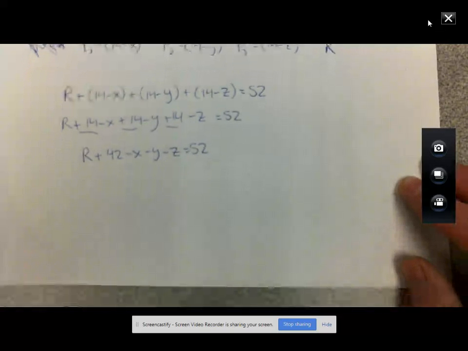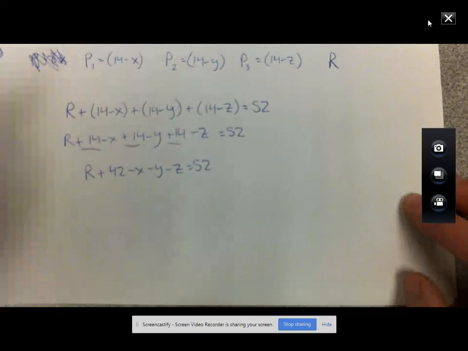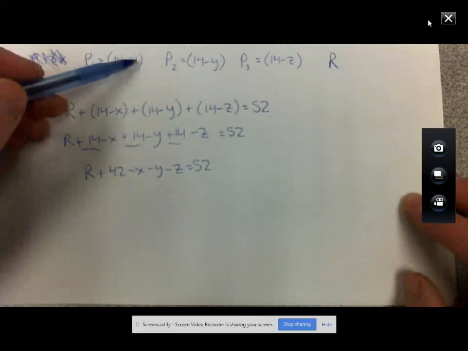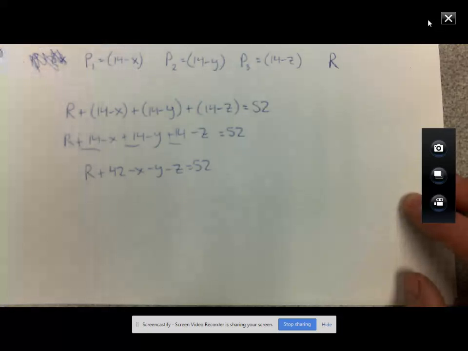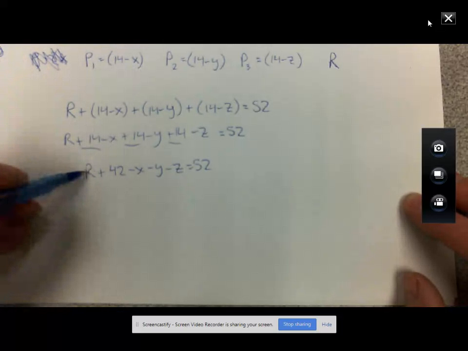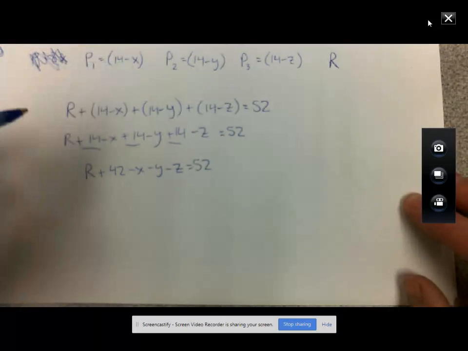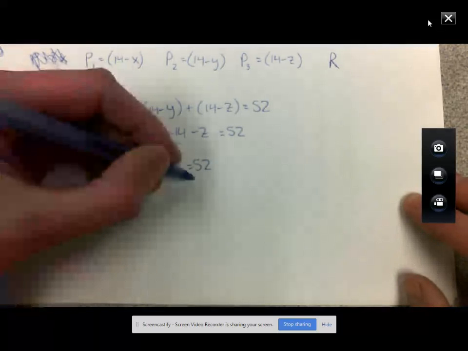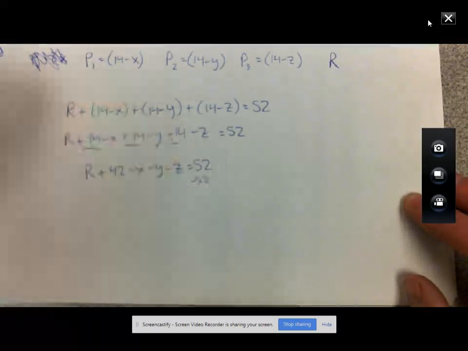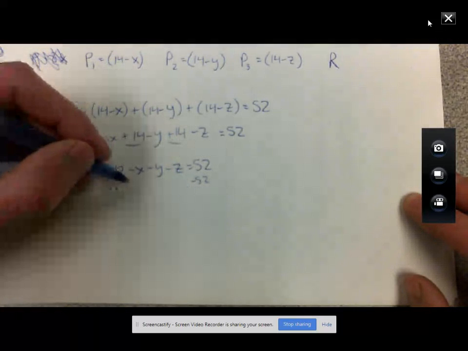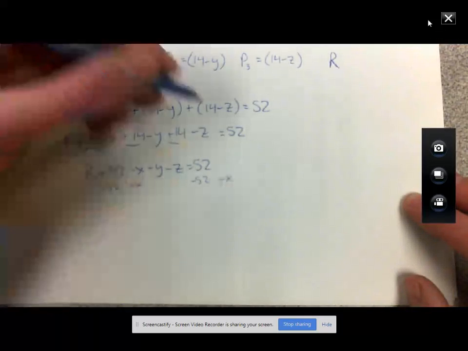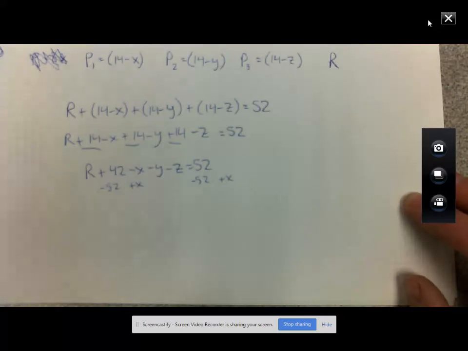So if I want to get X by itself, because that's the card I want to have last. So they flip over that last card, and oh my goodness, that's how many cards are left over in my remaining pile, because that's what we're really shooting for here: how many cards are left in this remaining pile should be the same as that number X. So I'm actually going to subtract the 52 from this side, and I'm going to add the X. I'm doing 2 steps in one here, but hopefully you can follow that along.